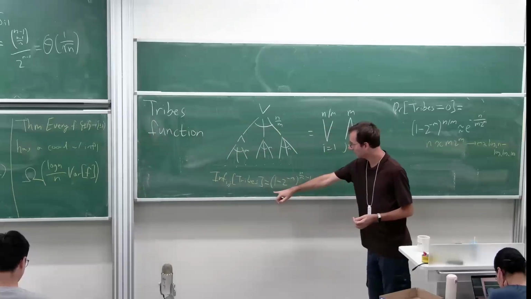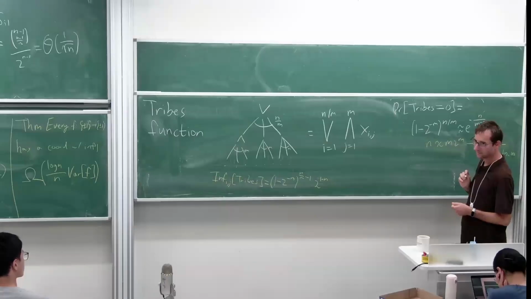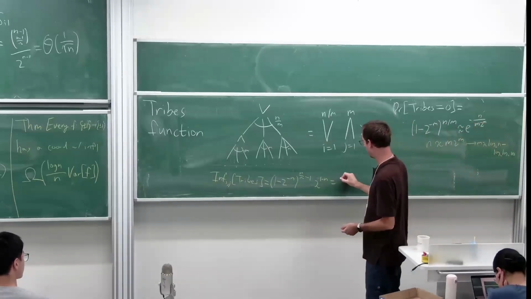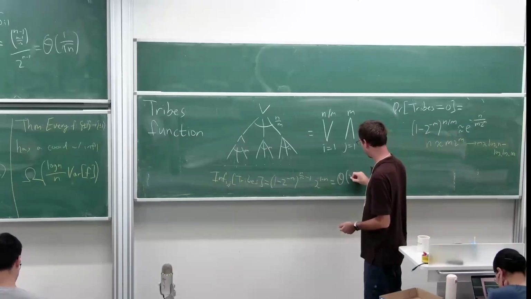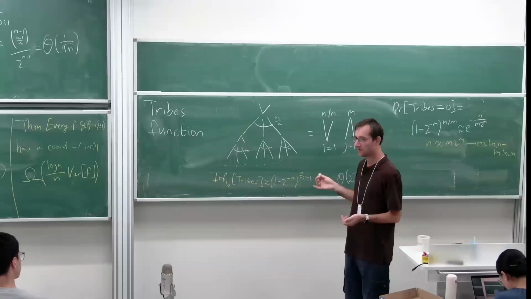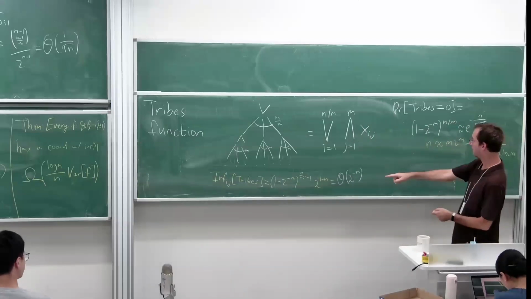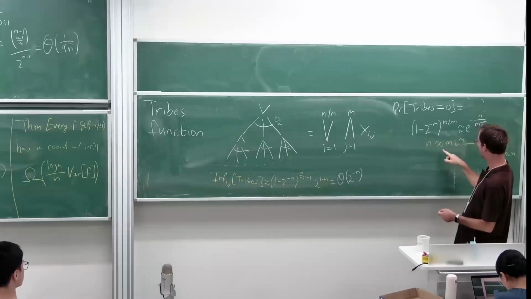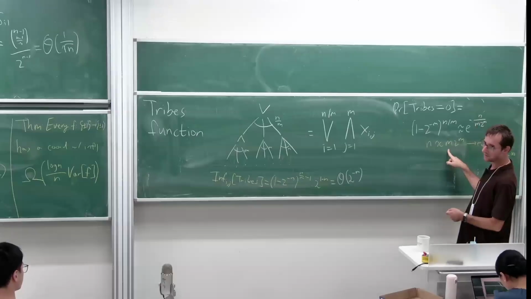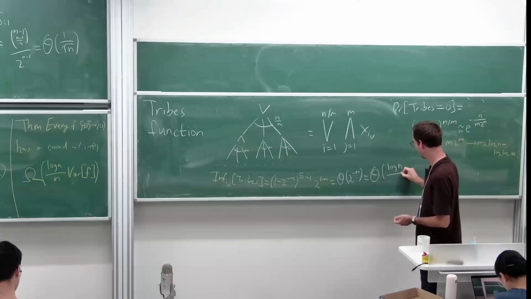Now, this first thing, we know what it is. It's roughly some kind of constant. So all of this is roughly 2 to the minus m. Without the minus 1 we said it's constant, and this minus 1 doesn't make a big difference. But what's 2 to the minus m? You can see it's roughly m over n, which is roughly log n over n.